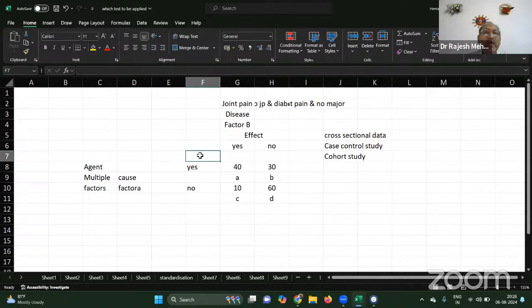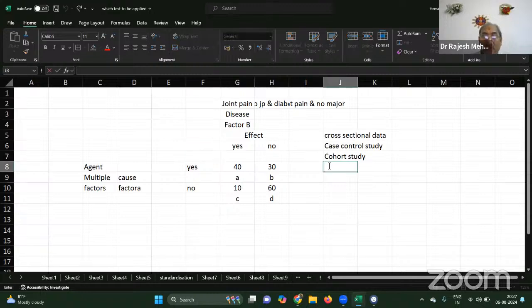So this data could have come from a cross-sectional study, case control study, cohort study, or from the randomized control trial. For example, I want the same example, mines.